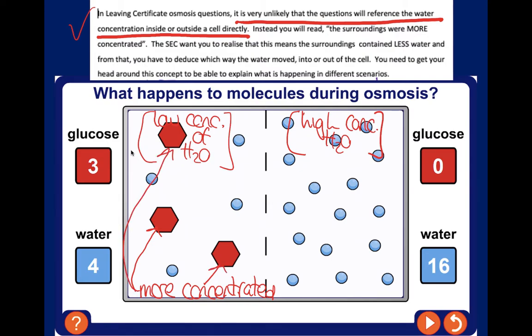So straight away, the thing that I really want you to get is more concentrated. It talks about it's more concentrated in salt or sugar, and it means low water. And water is always going to move easily from high to low, so that is how you know then that the water moves in, and in the case of our jellies, that they got bigger.